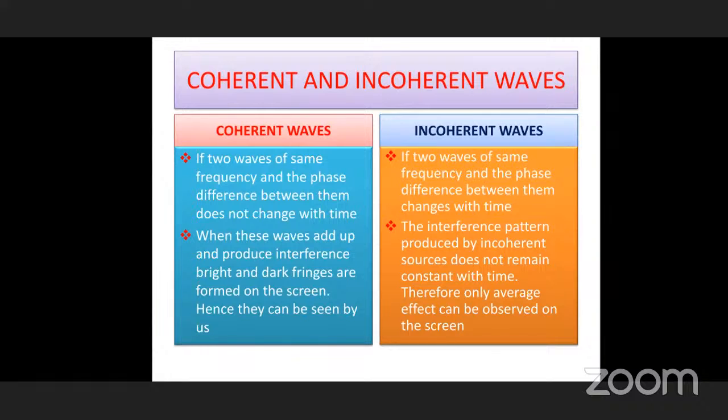Phase means, whenever we are using this word, you should remember angle. Phase means angle. The phase and the position of the particle, both these two are interrelated. According to your previous knowledge in SHM, we have discussed a particle revolving around a circular path. It makes 2 pi radians, that is 360 degrees.